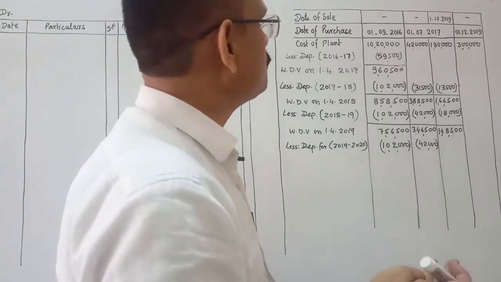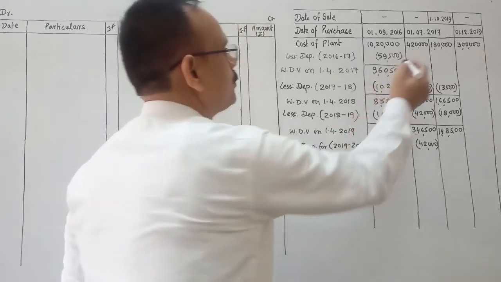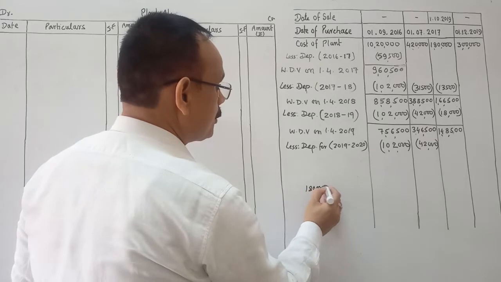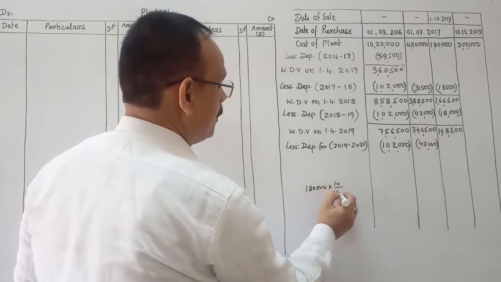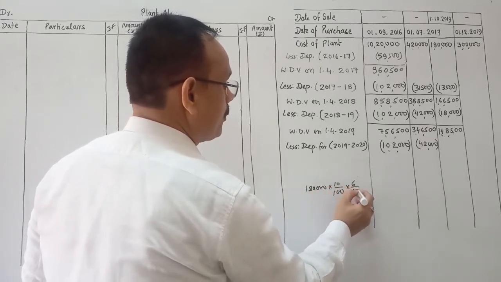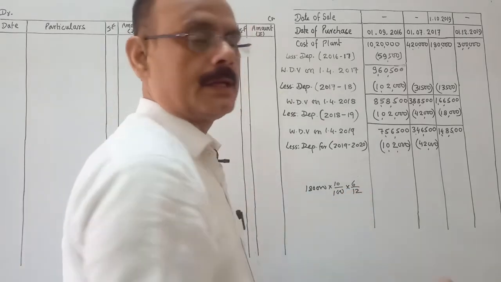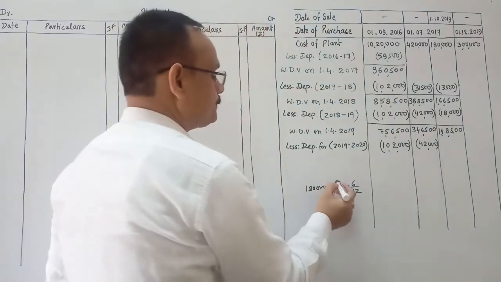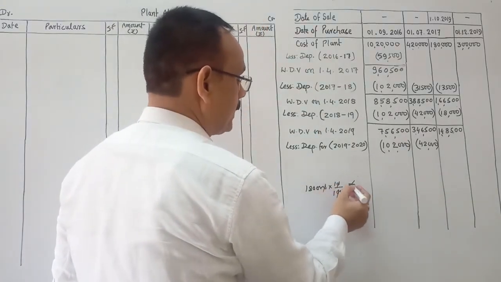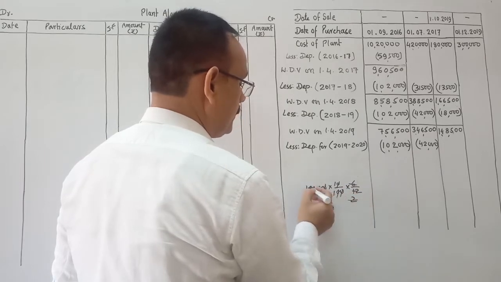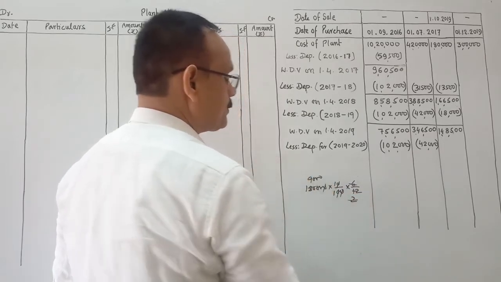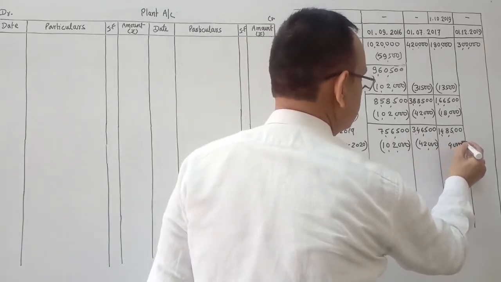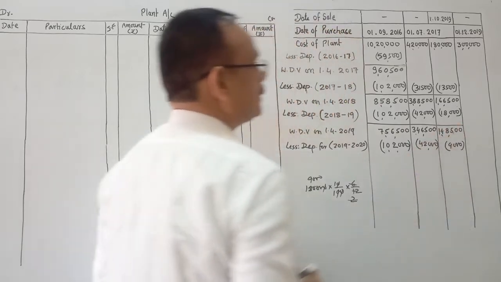We will calculate the depreciation of 1,80,000 at the rate of 10% for 6 months only, from April to September, because on 1st October this machine was sold. So 9,000 is the depreciation amount for 6 months.